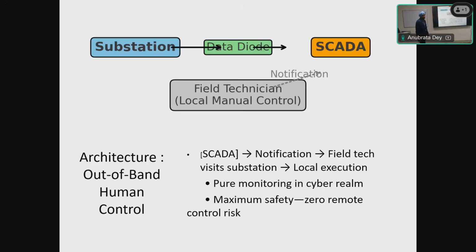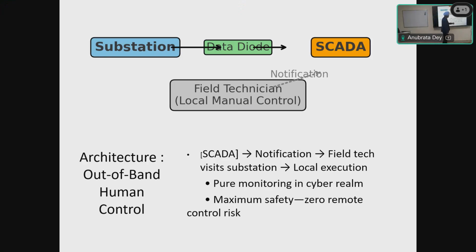And the last one in this group is out-of-band human control. SCADA to data diodes, and the SCADA notification goes to the field tech and they take the action. The operator has to come, so it's not meant for really remote-controlled substations. The operator has to actually physically go.